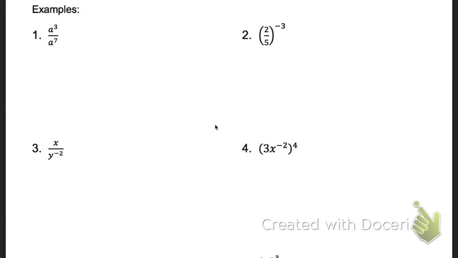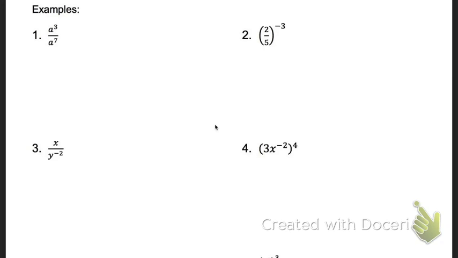So, while we go through these, we're going to look at some of the common mistakes that will hopefully help you for your homework. So, number 1, with our fists, what do we do? It's 1 over the other, which means we subtract. Awesome.